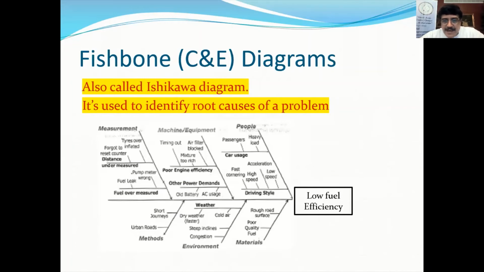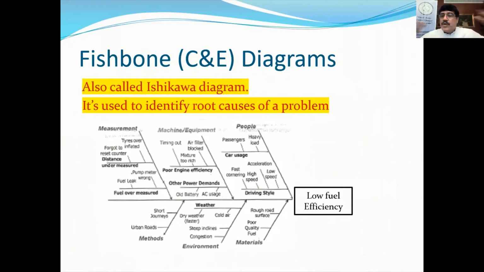Normally the problems are categorized into categories: people problems; machinery, equipment, and tools problems; measurement and method problems; environment; and material. You can hang it on the wall, and when somebody thinks of something, they can fill it in.